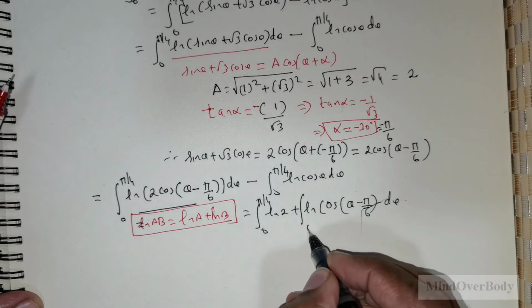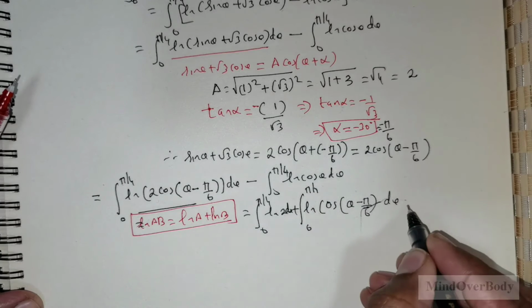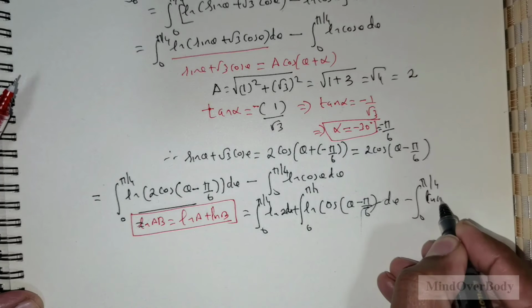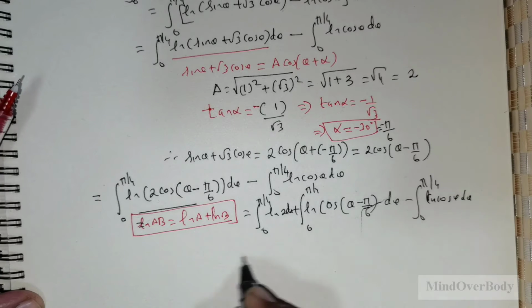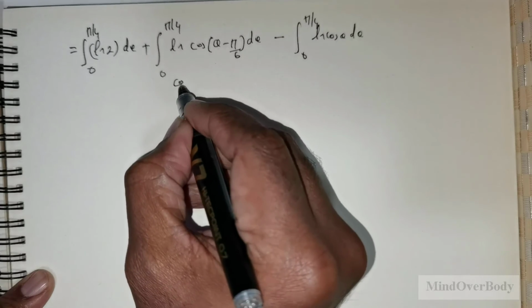Of course, I need to place the integral sign, so integral 0 to pi over 4. So there should be a d theta there, followed by negative integral 0 to pi over 4 ln of cos theta times d theta.